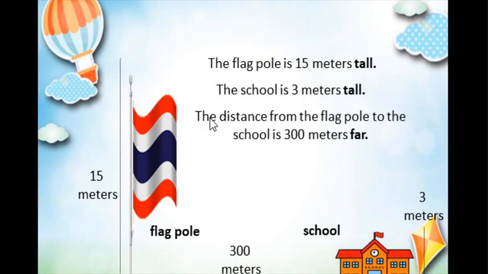That's why we have the distance from the flagpole to the school is 300 meters far. There. These are the 3 assumptions based on the figures measured in meters.